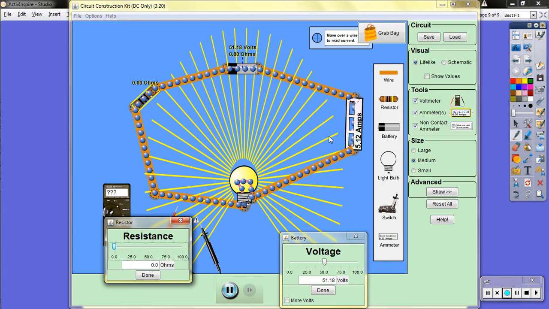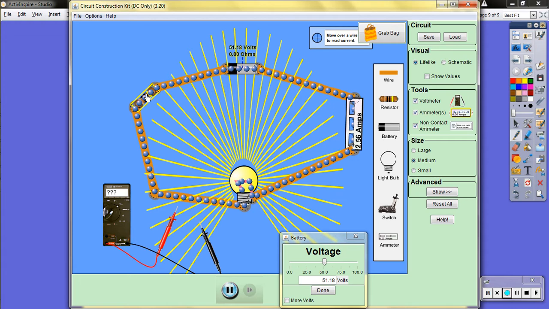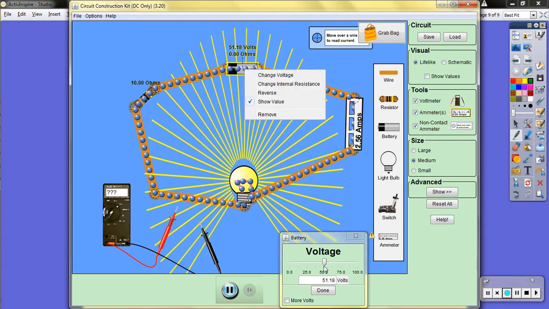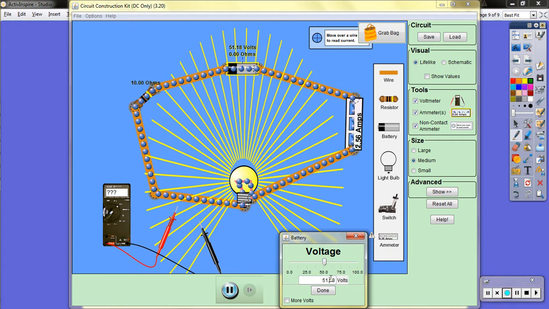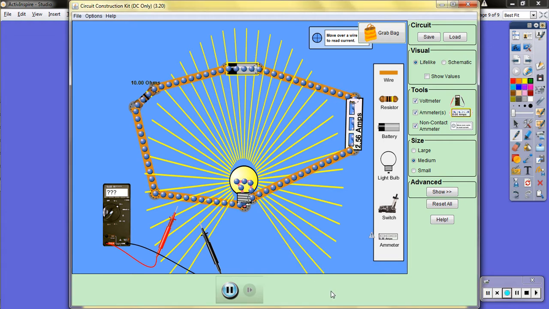So let's pause that and set up another. I want to put some nice numbers here. Let's make this 10 ohms. My resistor is 10 ohms. We're going to make this 90 volts.